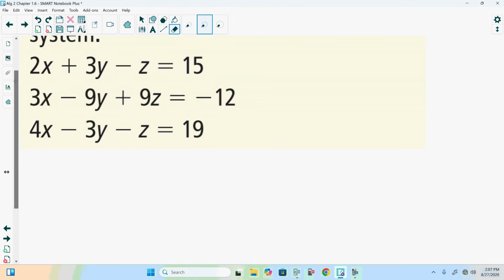Looking at this here, we do have X, Y, Z. So we need to write the augmented matrix first. Going across the top row, we would have 2, 3, negative 1, 15.